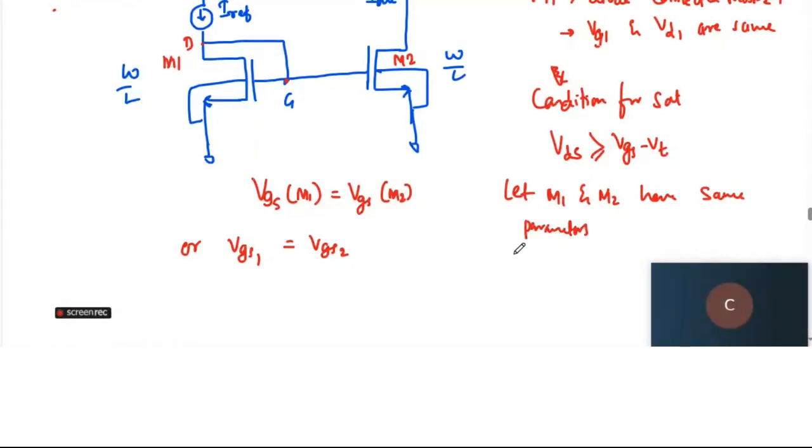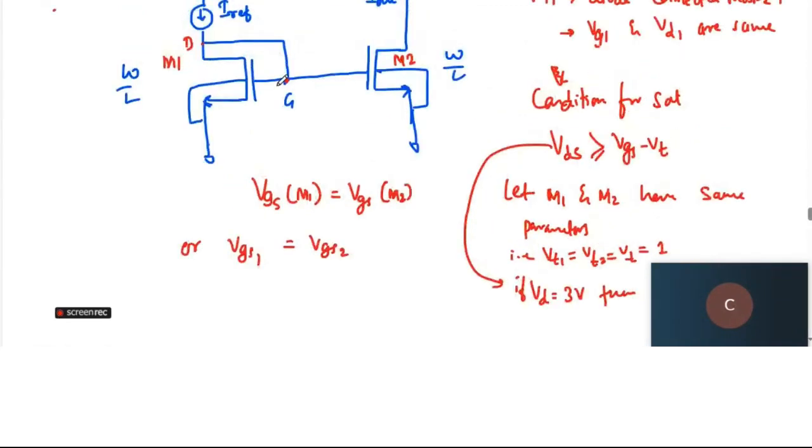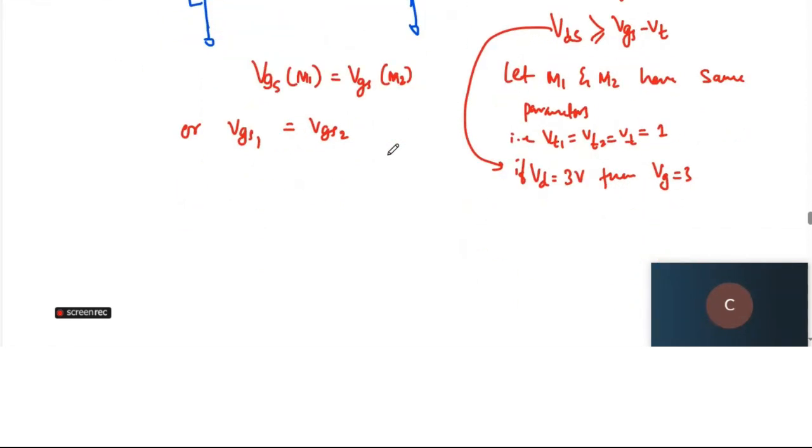That means VT1 is equal to VT2 is equal to VT, let's say 1 volt. Whatever the voltage, if VD is equal to 3 volt, then VG will also be equal to 3 volt. Substituting, 3 is always greater than 3 minus 1, that is 2. So M1 will always be in the saturation region.